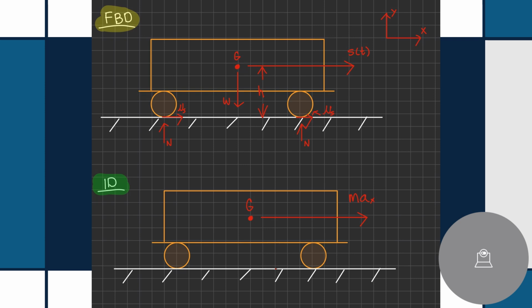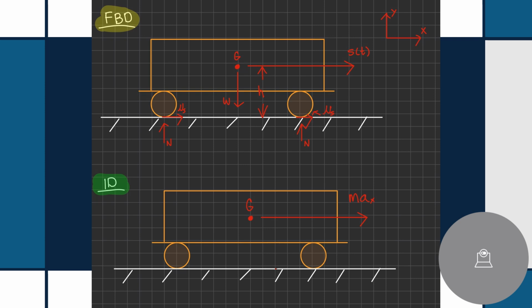We have our normal forces pushing upwards in the Y direction as well. Despite this figure only showing two points, there are actually four, again because there are four wheels. Now for the forces in the X, we have our static friction, and then we have our direction of motion towards the right.